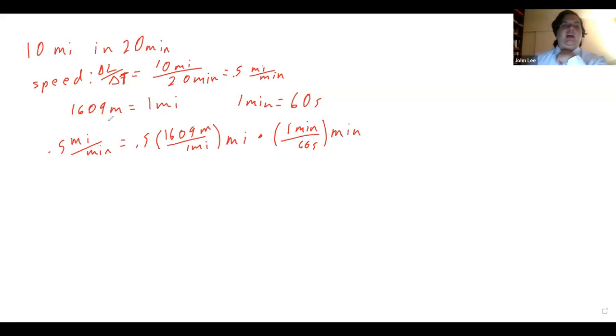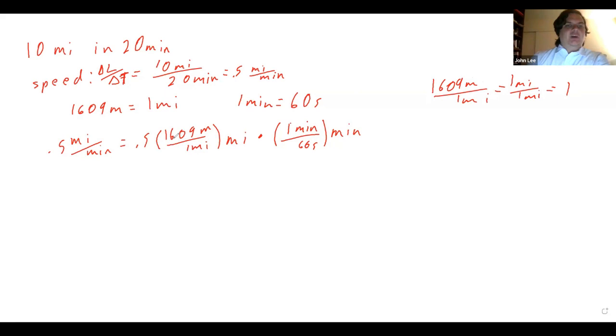So you see how we're allowed to do this, right? Because 1,609 meters per 1 mile is equal to 1. Because we just go 1,609 meters over 1 mile, which equals 1 mile divided by 1 mile, which is equal to 1.